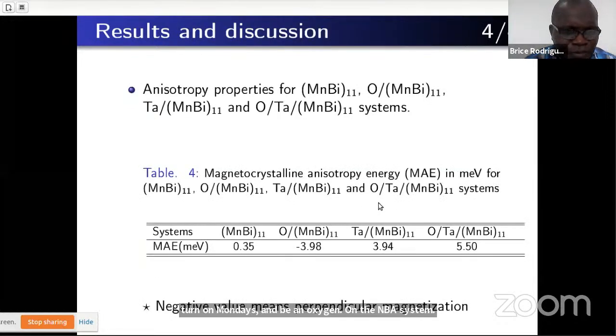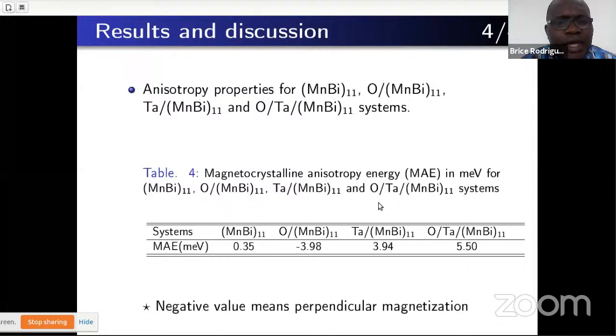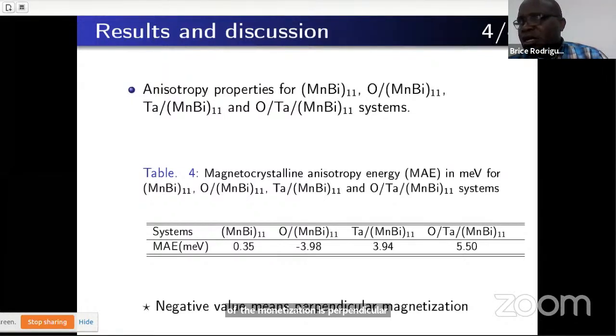Okay, so the MAE property was calculated using force theorem calculation. A negative value means that the orientation of the magnetization is perpendicular to the film.